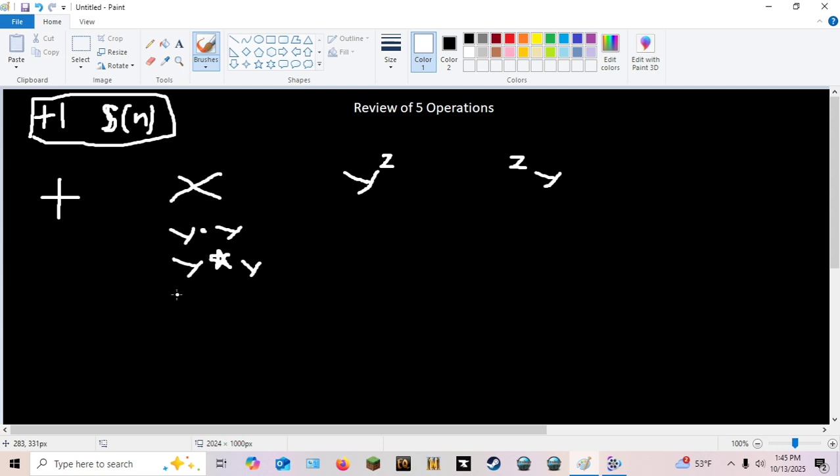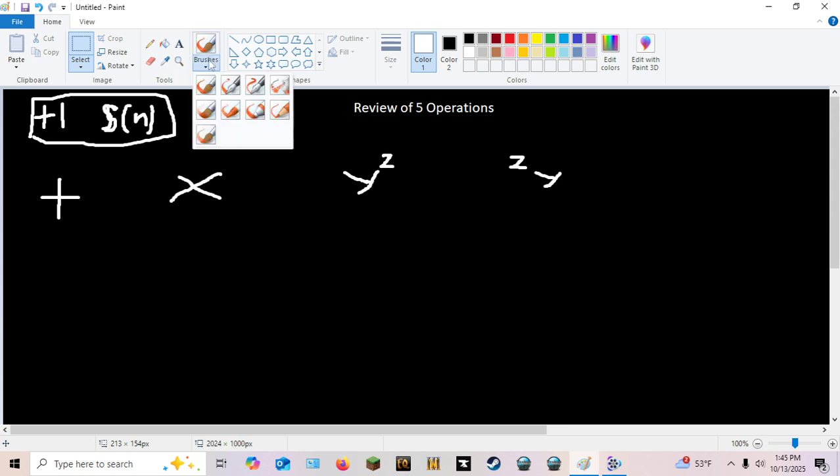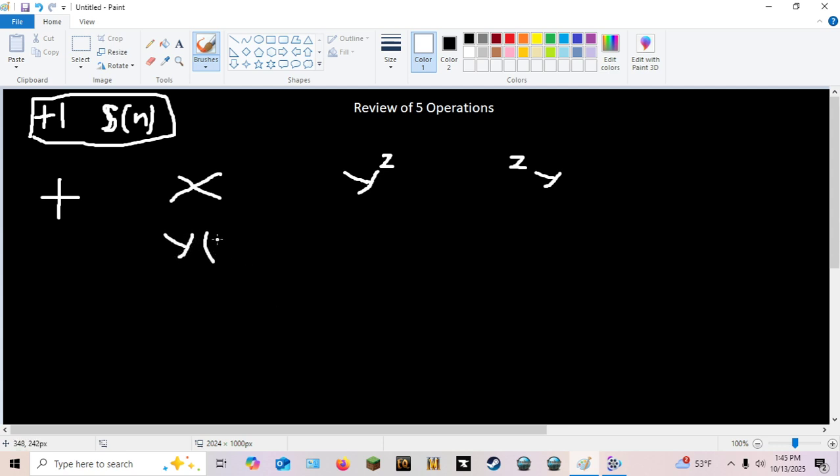And then you might get confused if you use the X symbol for multiplication, because when you move on to higher grades, you're gonna use that dot or parentheses, so it can work like this: y times y.